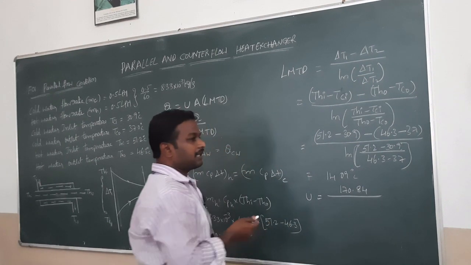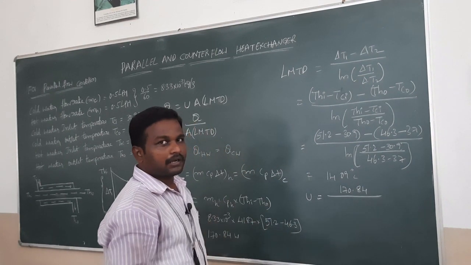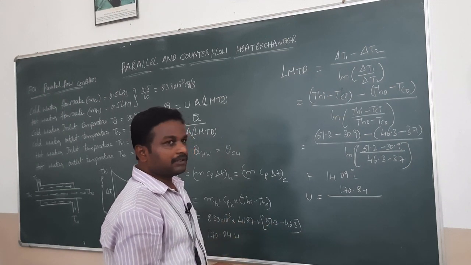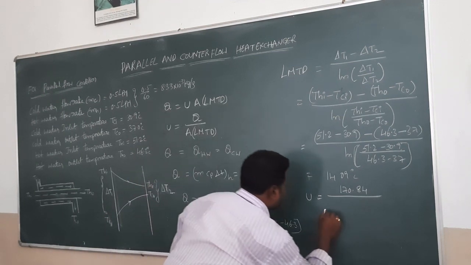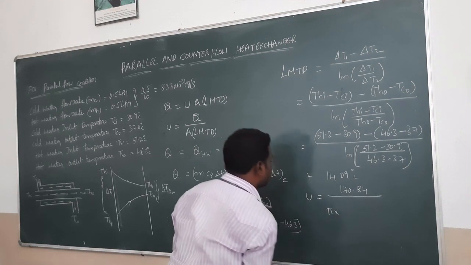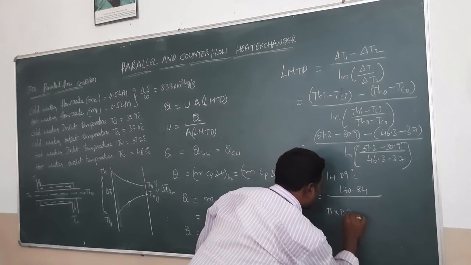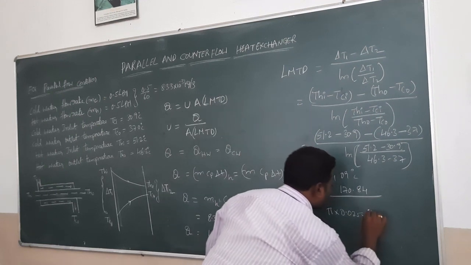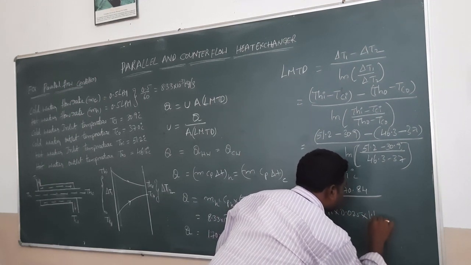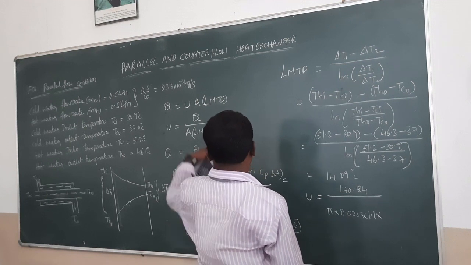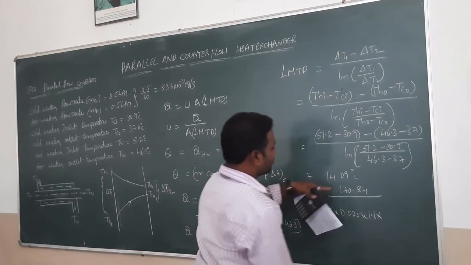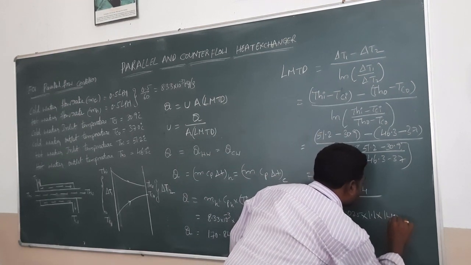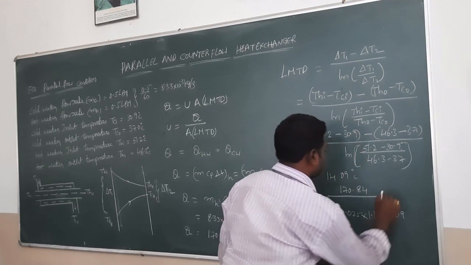Heat is transferring through the surface of the copper pipe, so I am substituting the diameter of the copper pipe: pi times the diameter of the copper pipe 0.025 meters times the length 1.1 meter of the heat exchanger, times LMTD, which we just calculated, 14.09.